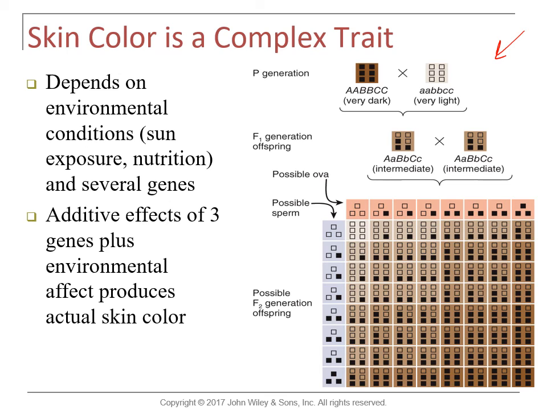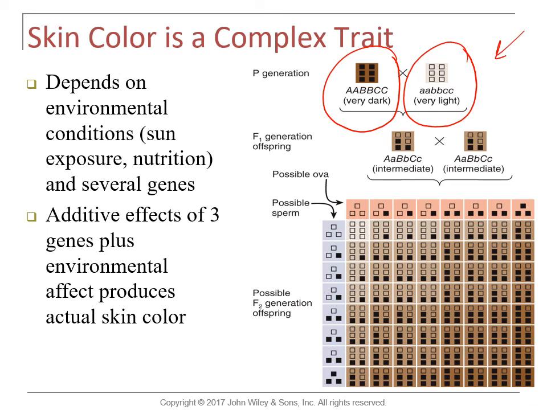So a person with the genotype, the first one, big A, big B, and then big C is gonna have very dark skin, right? And then an individual with the genotype letter A, letter B, letter C is gonna be very light skinned, right?